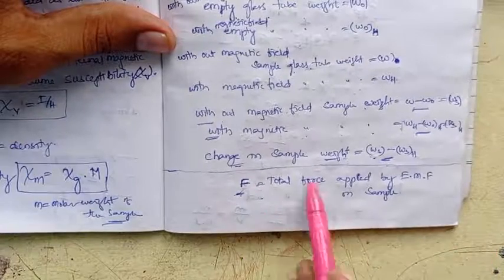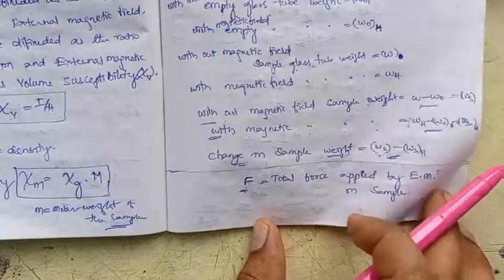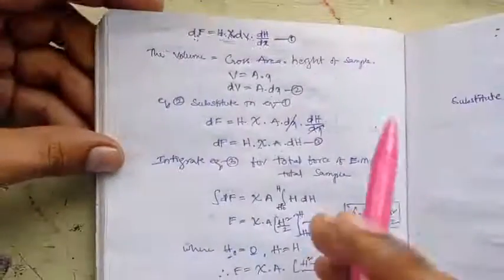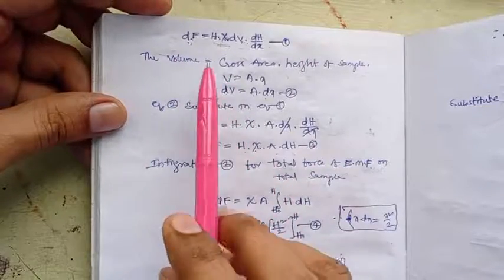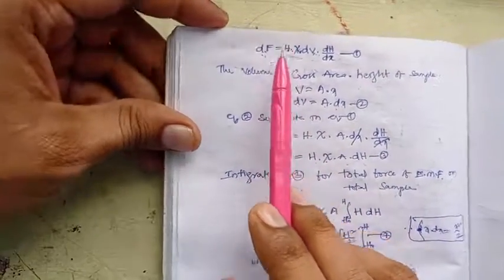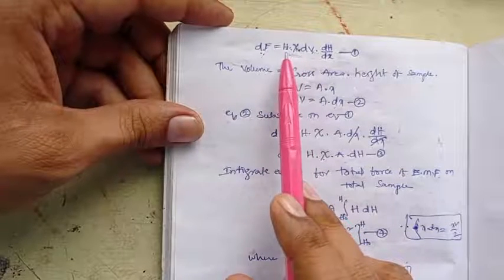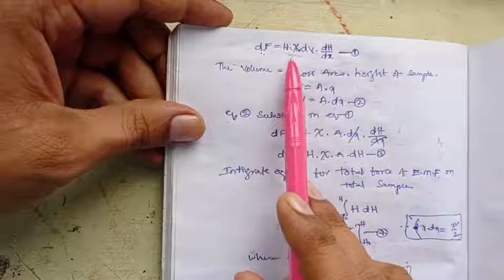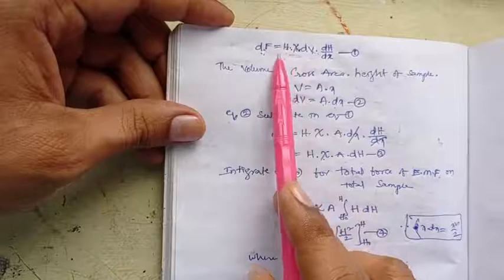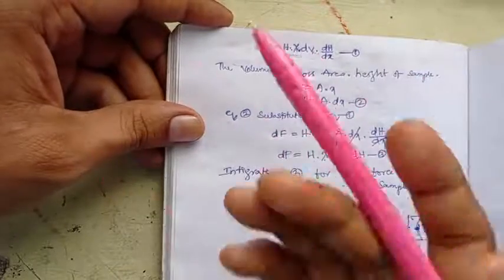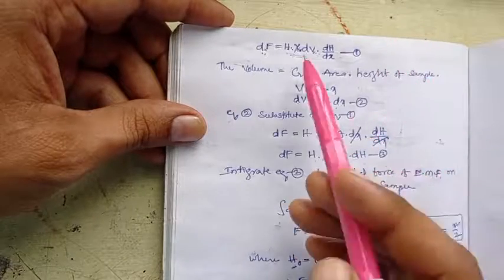This F is the total force of the external magnetic field applied onto the substance. To calculate the total force, initially we start with a small force, which is proportional to the external magnetic field, since how much field you apply determines the force generated.